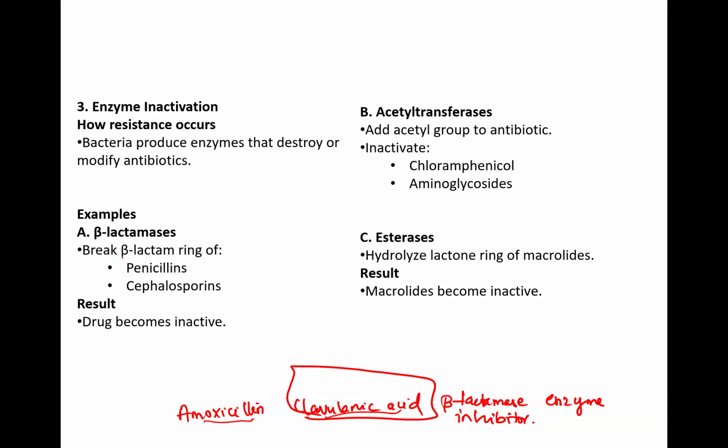Okay, so these beta-lactamases break the beta-lactam ring of penicillins and cephalosporins. Hence, the drug becomes inactive. But clavulanic acid will inhibit beta-lactamases. Also, acetyltransferases. They can add an acetyl group to antibiotics like chloramphenicol or aminoglycosides and thereby inactivate the drug. Esterases.